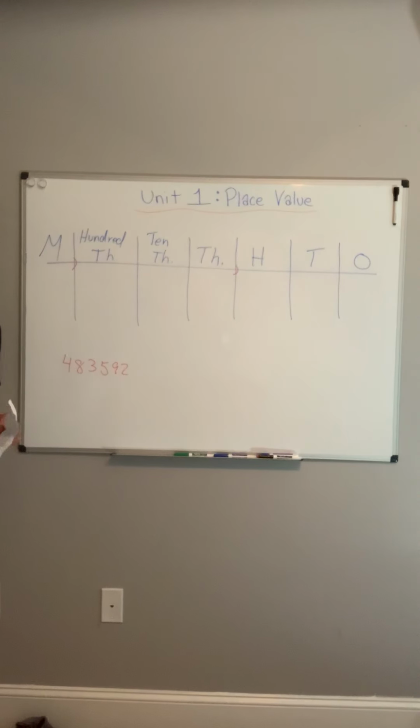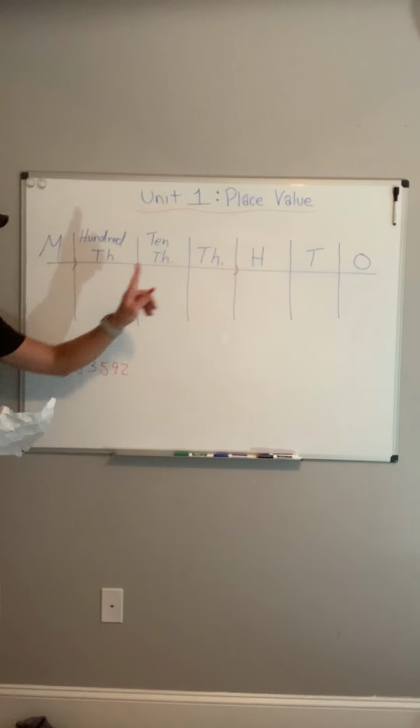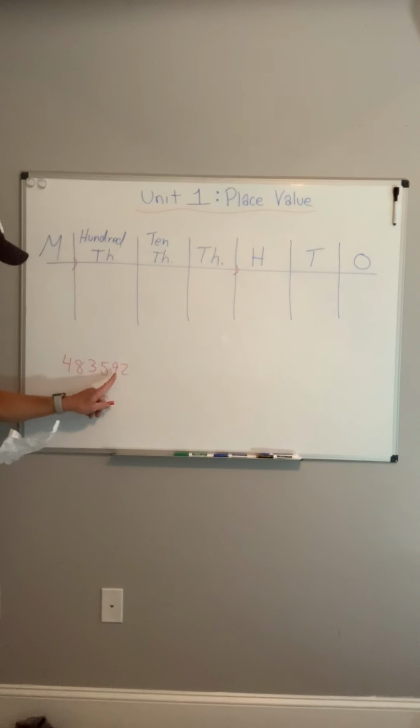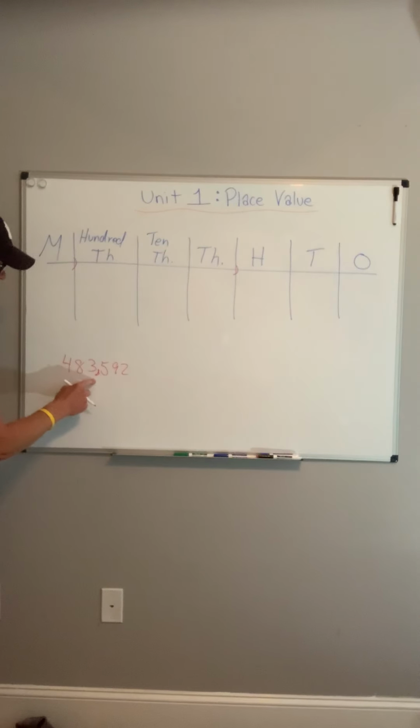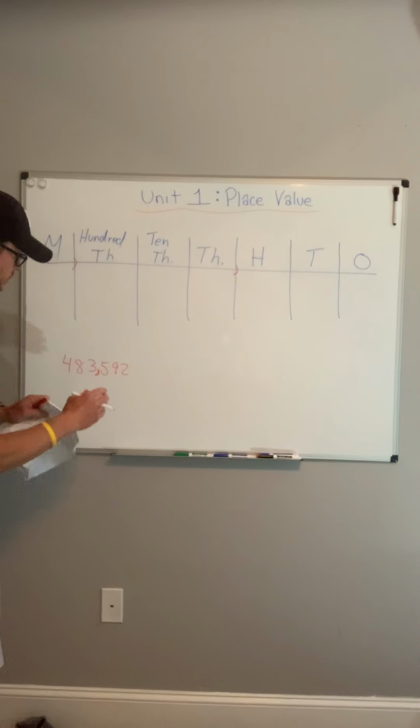Now, if I ask you guys to put a comma in this number, it's just like place value. Ones, tens, hundreds, and then there's a comma separating the hundreds and the thousands. Thousands, 10,000s, 100,000s.